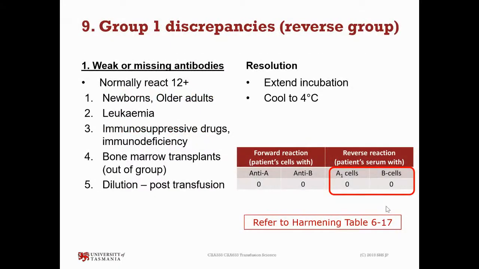Okay, so there are 4 ABO group discrepancies, and you need to know what all 4 of them are, and be able to give me examples of each discrepancy.